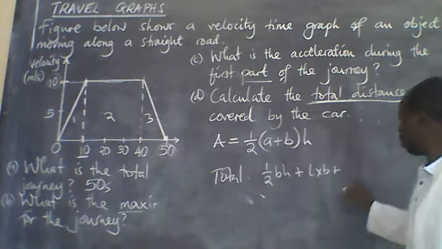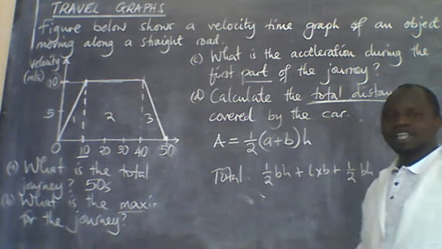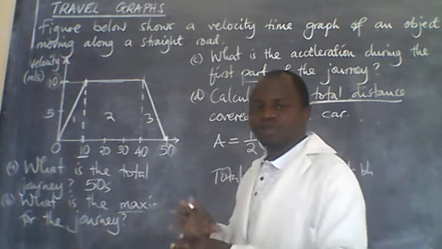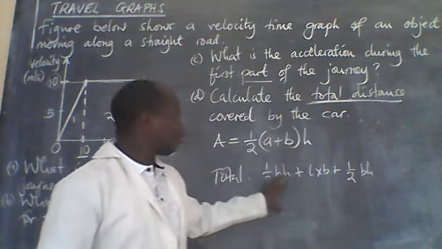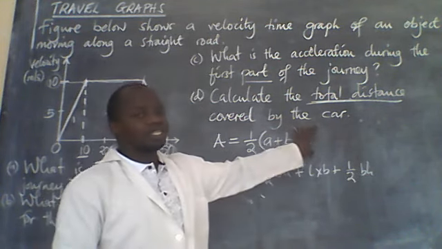A triangle. So 1/2 BH. See that? Then I'll start substituting and get the answer. The answer I'll get here will be the same as the one who has used this.